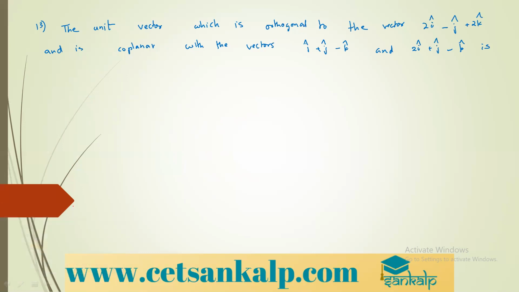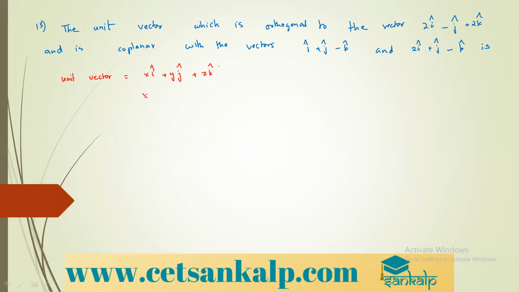There is a lot of information given here which we have to extract. So what is said is we have to find the unit vector. So let the unit vector, in the beginning, to avoid confusion, be xi plus yj plus zk.